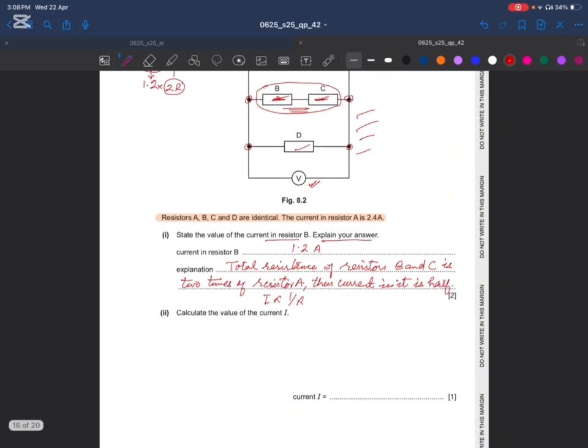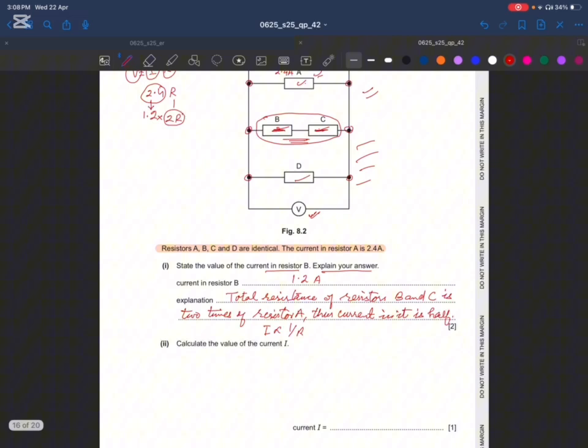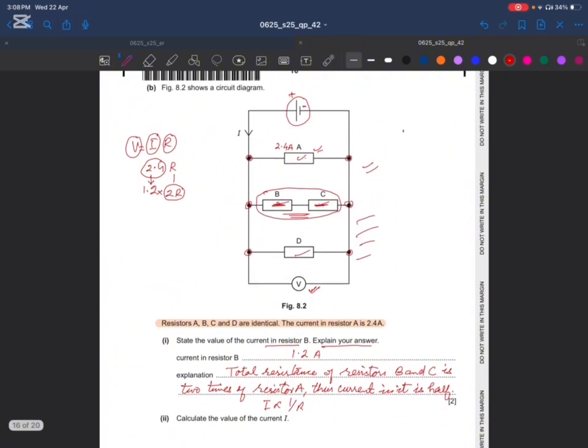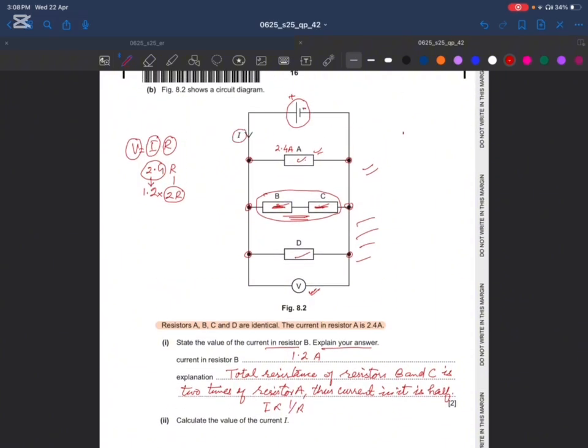Calculate the value of the current. So what is the value of the current? Again the same thing. The current I is coming towards this terminal, say A, and it will divide. Then a part of the current is going towards resistor A, and the rest is moving towards BC.